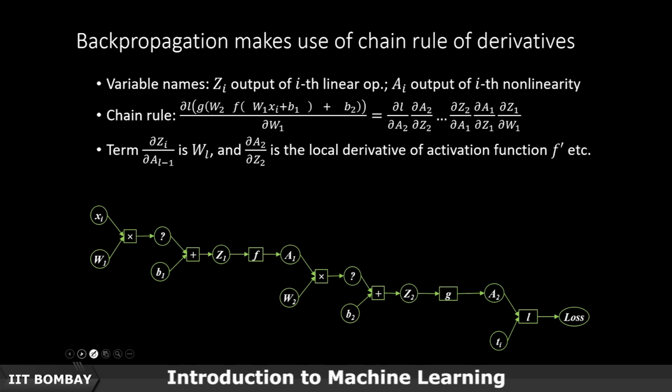So let's say we have an input x, and we multiply this with weight w1, and then we put it in some function, a sigmoid function, but let's just call it the f function. We put it inside the f function, and we also add a bias b1 to it.